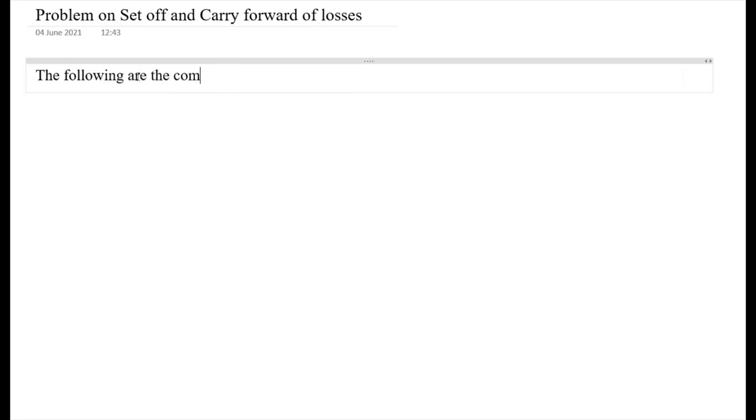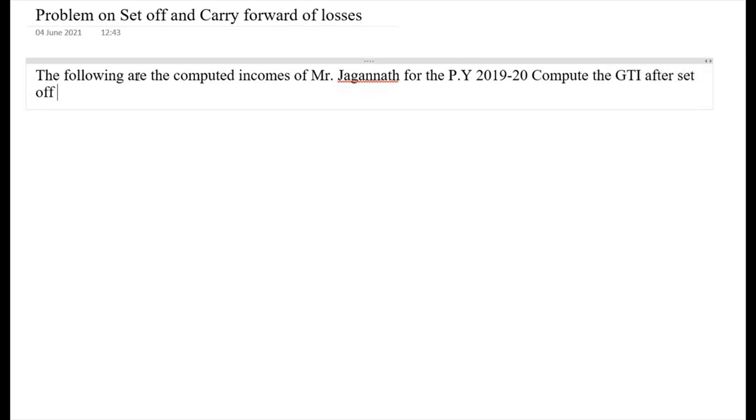The computed incomes of Mr. Jagannath for the previous year 2019-20. Compute the GTI after set off of losses for the assessment year 2021.